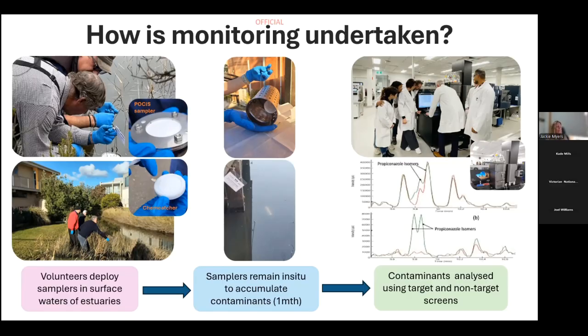And then we have non-targeted screening, where we compare these spectra, which are shown here in the slide, to libraries of spectra for 40,000 contaminants. That's a lot more complicated and produces a lot of data, but it gives us a broader understanding of contaminant presence.